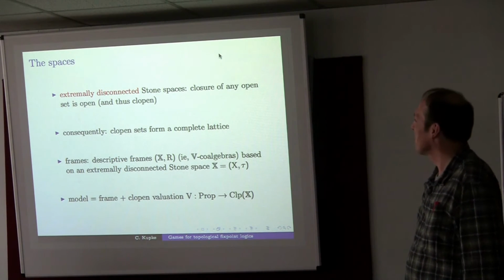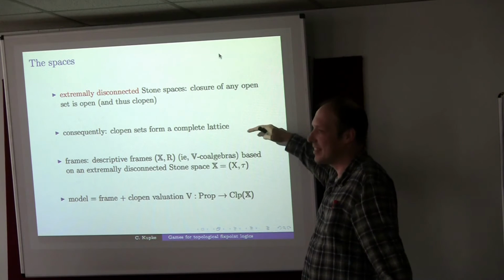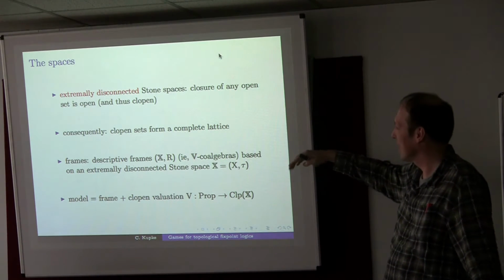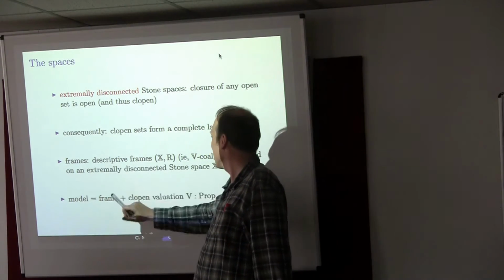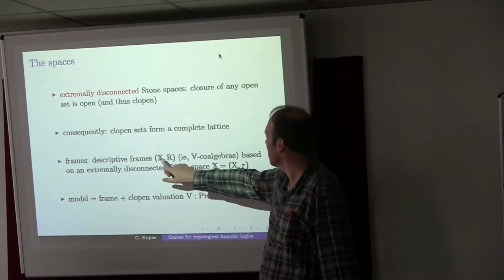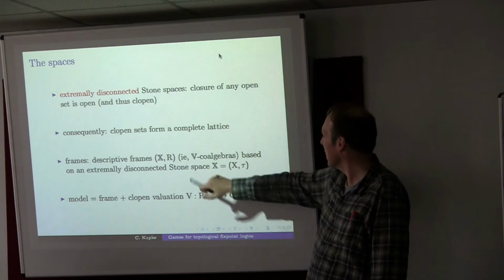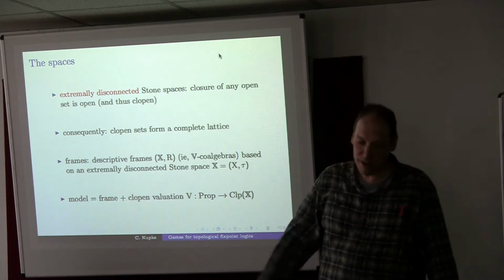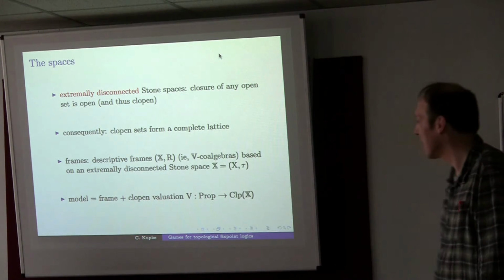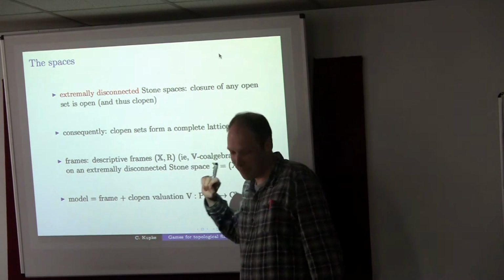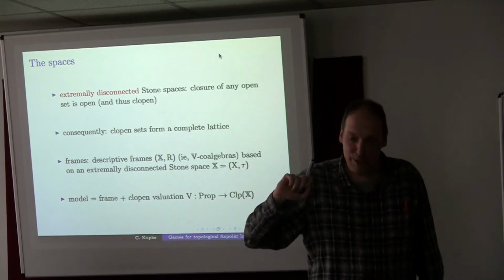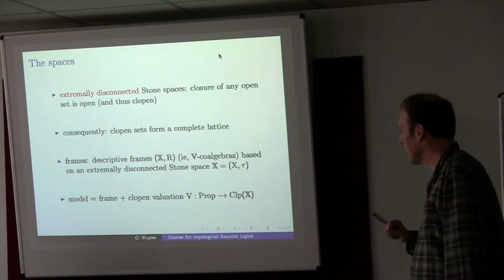So the clopens form a complete lattice. This is exactly the condition, in fact. And so the frames we're looking at are descriptive frames, which have such a space as a carrier and a relation R, which satisfies certain properties. It satisfies two properties, in fact. One is that R has to be continuous in a certain sense.